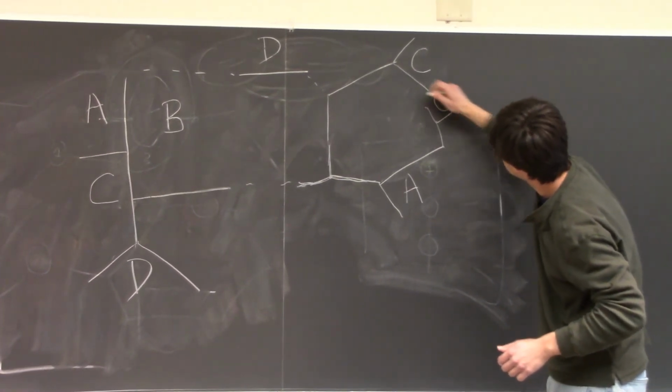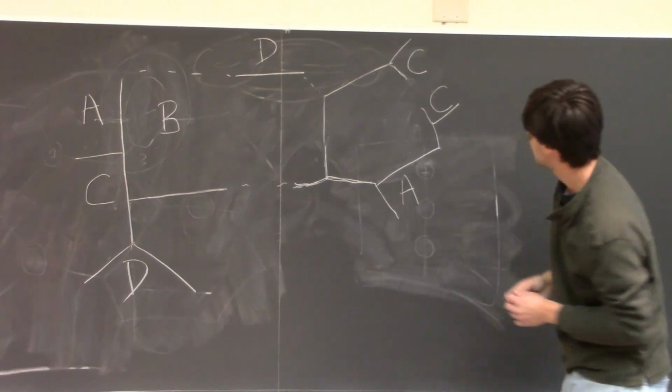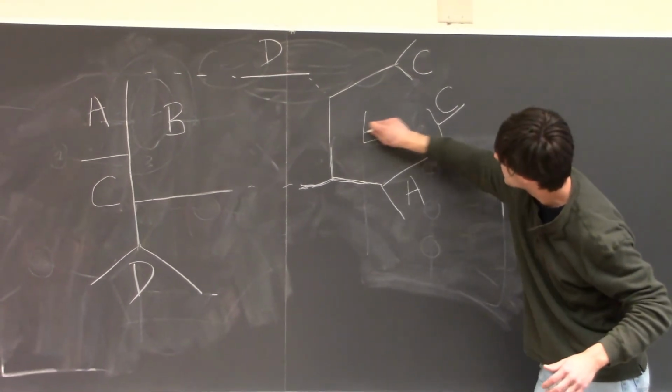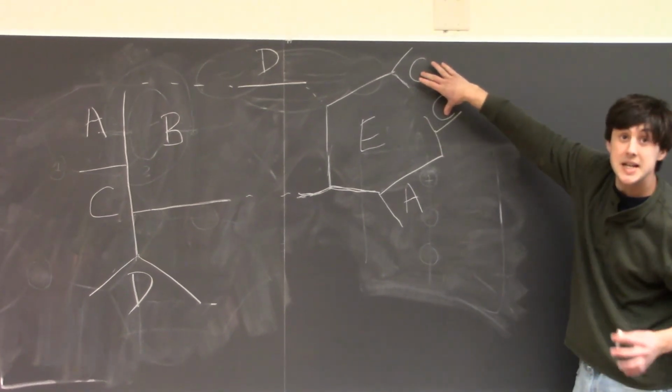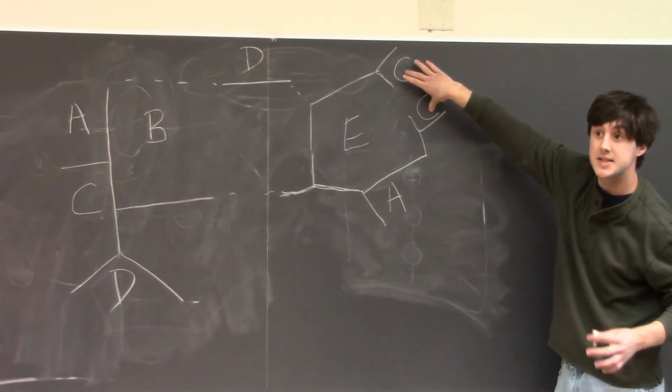And here is region C again. So here you have some region E. And the question is, well, are these two distinct edges through which E is adjacent to C?